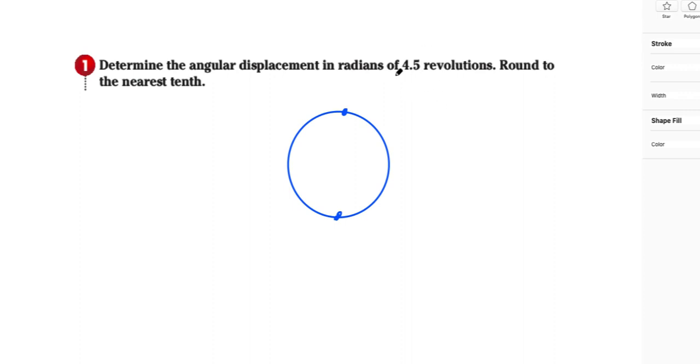We know that one revolution is equal to 2 pi, if we're dealing with radians, so we can take that 4.5 and multiply it by 2 pi, use a calculator, and the answer that we get is approximately 28.3 radians.